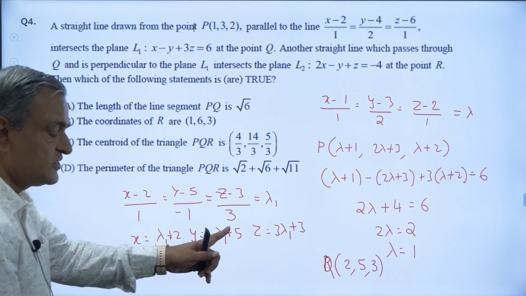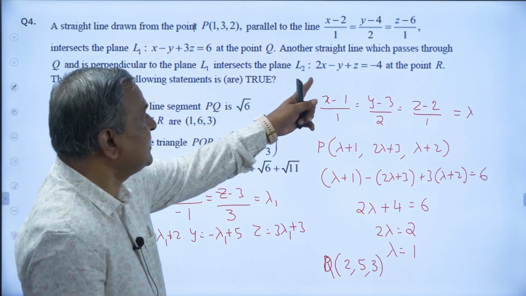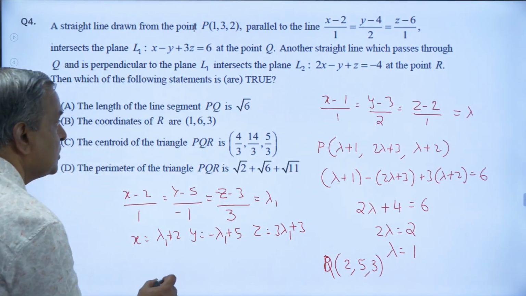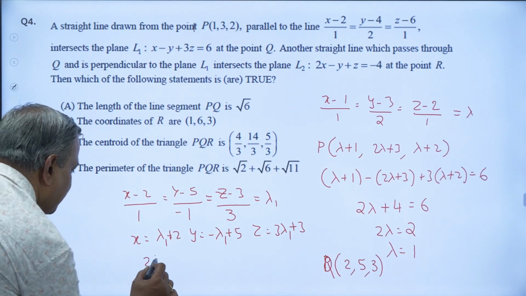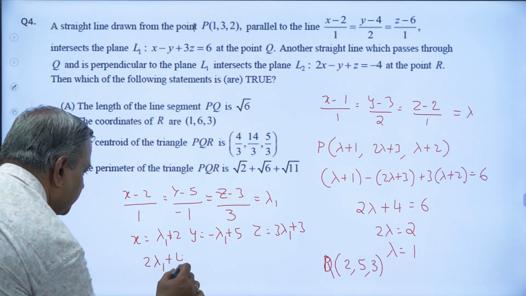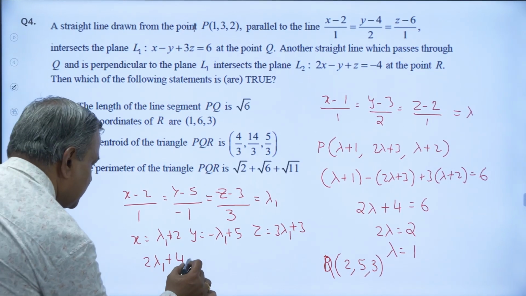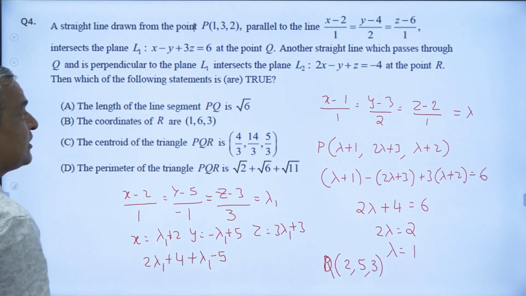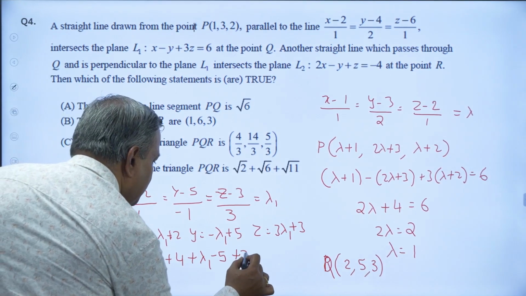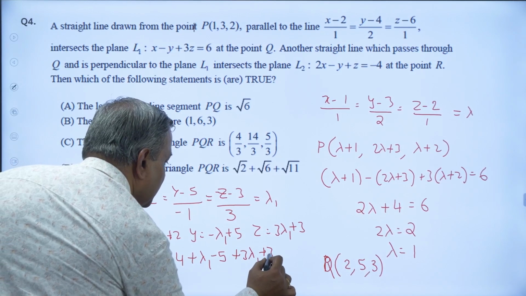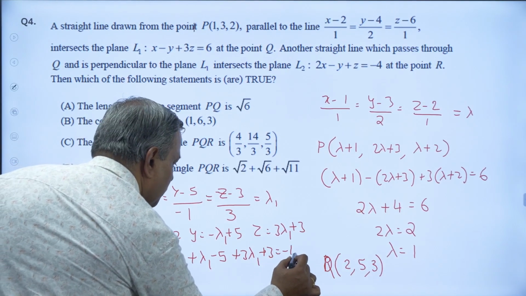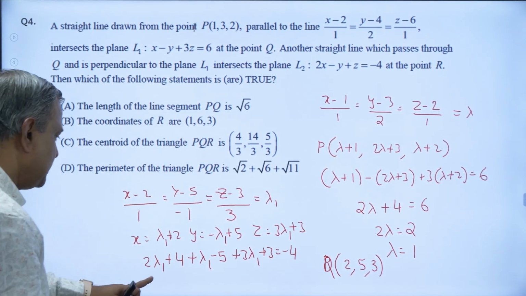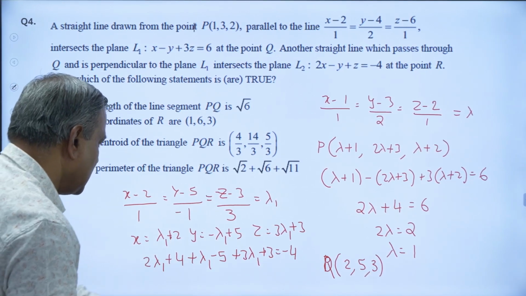Okay, x, y and z, we got it. This intersects this plane, again we substitute it. So we get 2 lambda 1 plus 4, next minus (y) plus lambda 1 minus 5, next 3 lambda 1 plus 3 is equal to minus 4. So we get 2 lambda, lambda means 3 lambda, 6 lambda 1.